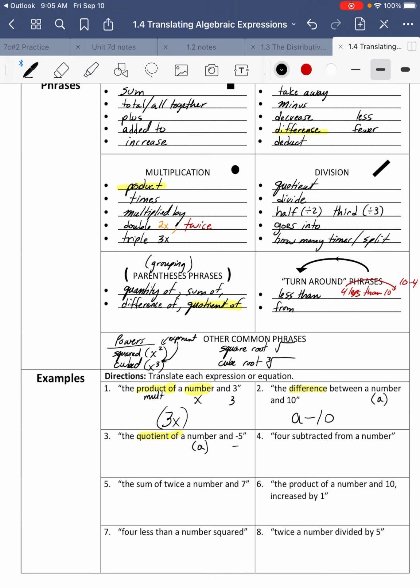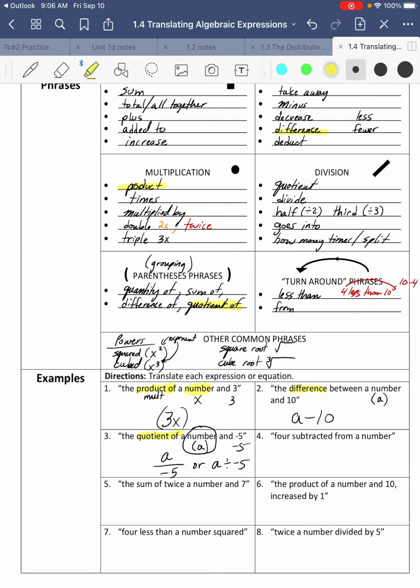So I'm just going to use a and negative 5. Quotient of, so the first thing that is said is going to be your numerator. So it's a, and the next thing is going to be your denominator. We can write it as a fraction, or you could write it a divided by negative 5. Either way, cool with either one.